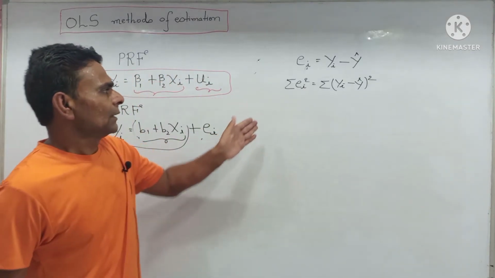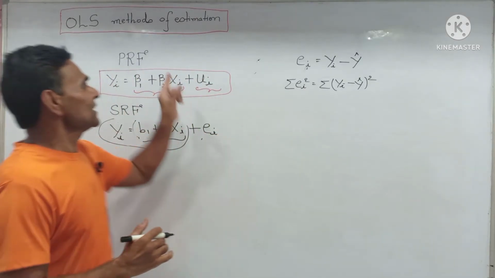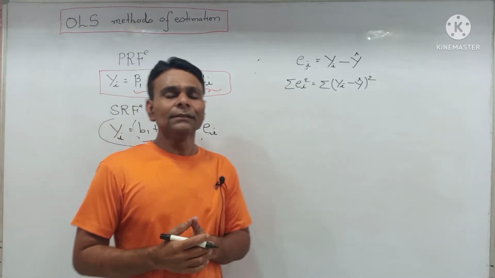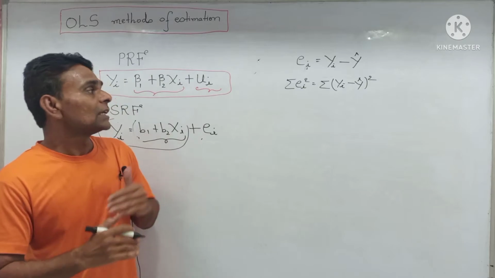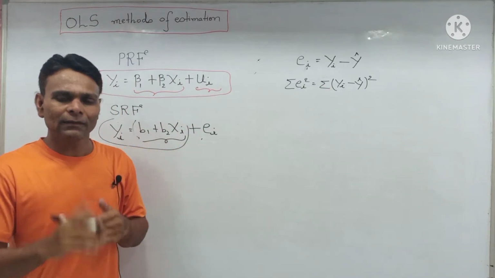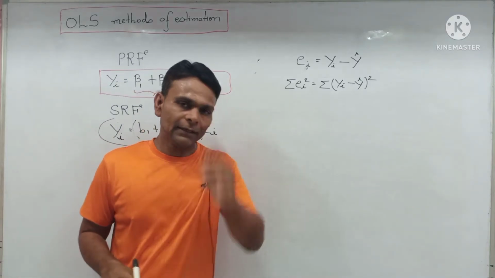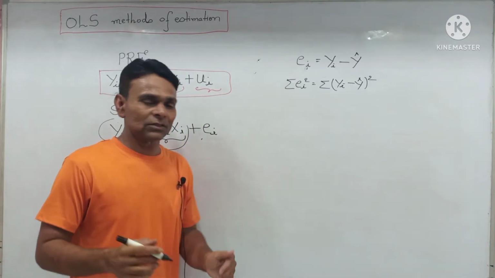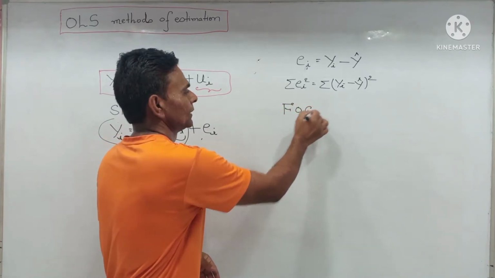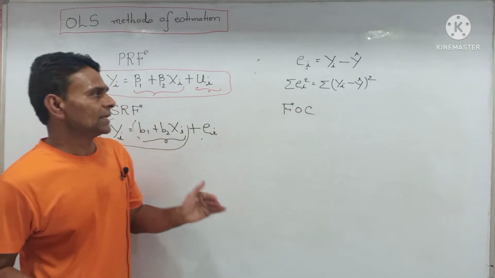We need to minimize this; the OLS method minimizes the sum of squares of differences between the observed value and the predicted value. For the minimizing condition, the first order condition, we apply the FOC, taking the partial derivative.